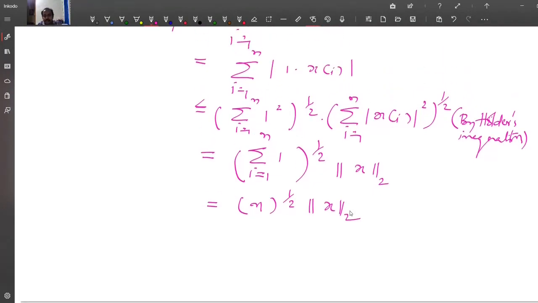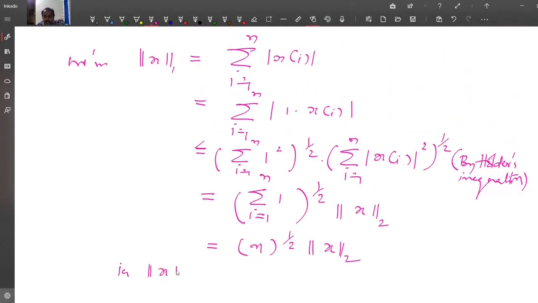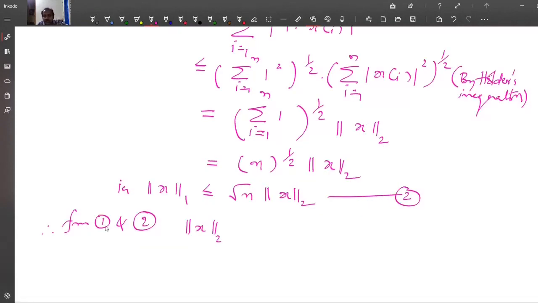That is 1 norm of x less than or equal to square root of n into 2 norm of x. This is 2. Therefore from 1 and 2, 2 norm of x less than or equal to 1 norm of x from 1, that is less than or equal to root n times 2 norm of x.